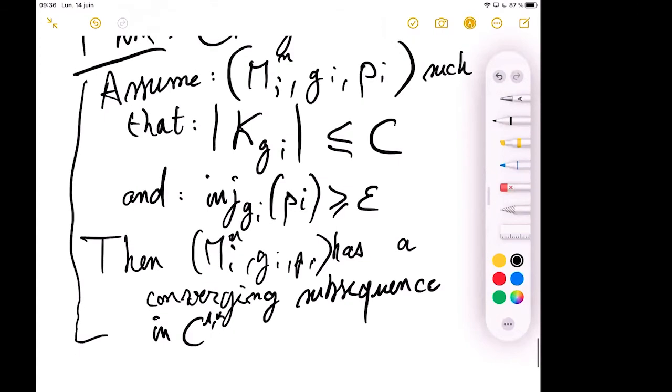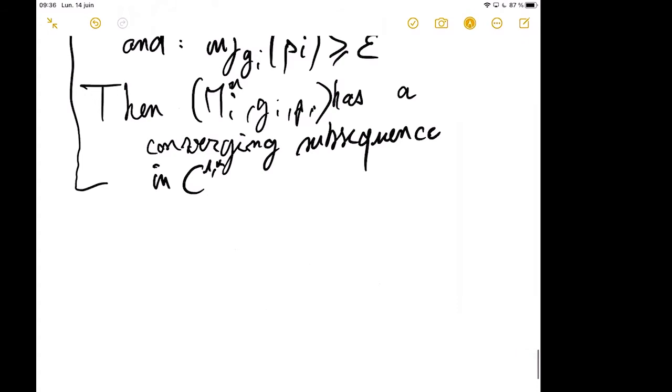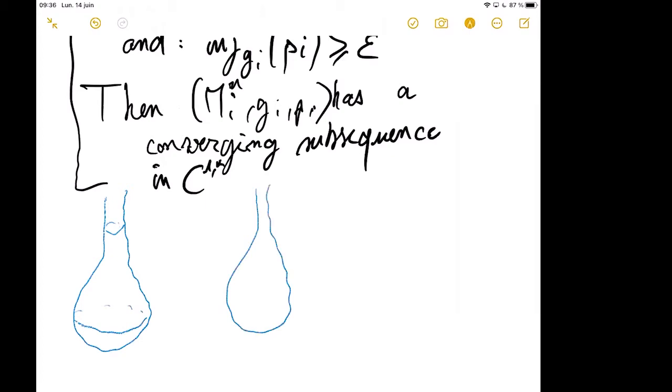So I will draw a sequence of Riemannian manifolds, surfaces actually. Assume you have a sphere here, and you attach it to a cylinder.